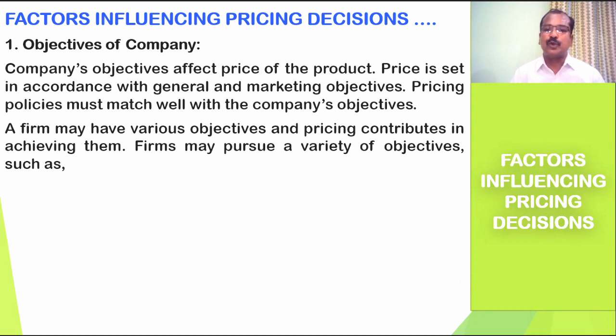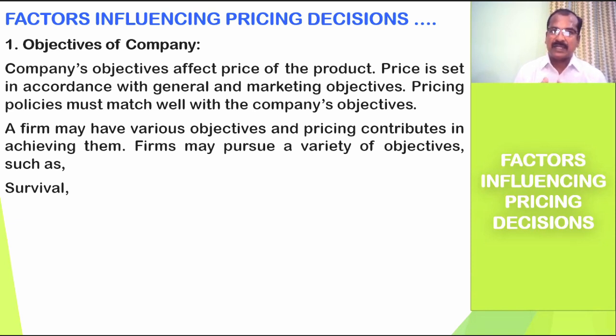Firms may pursue a variety of objectives, such as survival. What is the meaning of this particular objective? Survival. This is a short-term objective that is appropriate only for companies that are plagued with overcapacity, intense competition, or changing consumer wants. As long as prices cover variable cost and some fixed cost, the company will be able to remain in business.